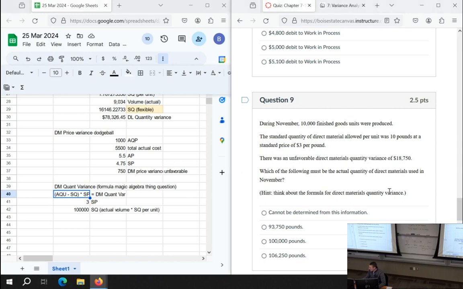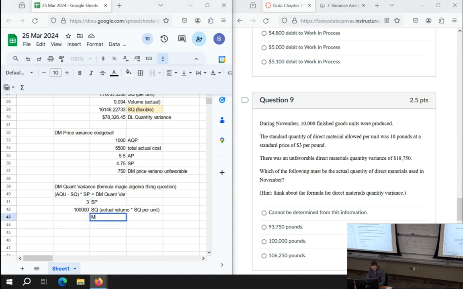All right. So our direct materials quantity variance is an unfavorable 18,750, which means it's going to be positive. Great.